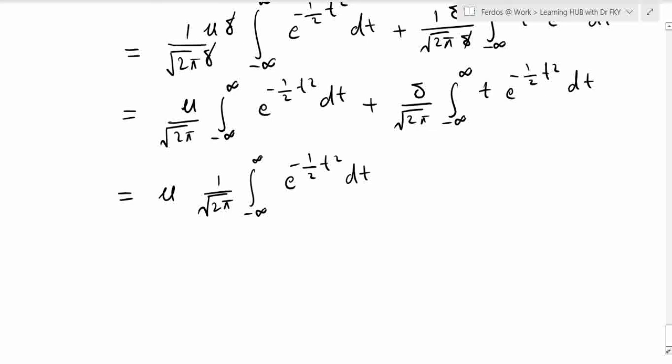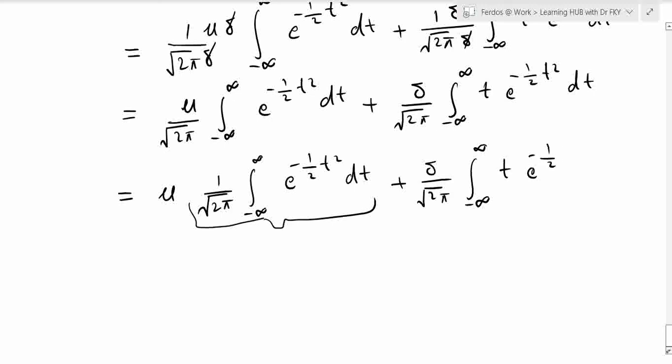Okay, so one is this function, plus sigma divided by 2 pi, minus infinity to infinity t e power minus 1 divided by 2 t square dt. The other is this function.